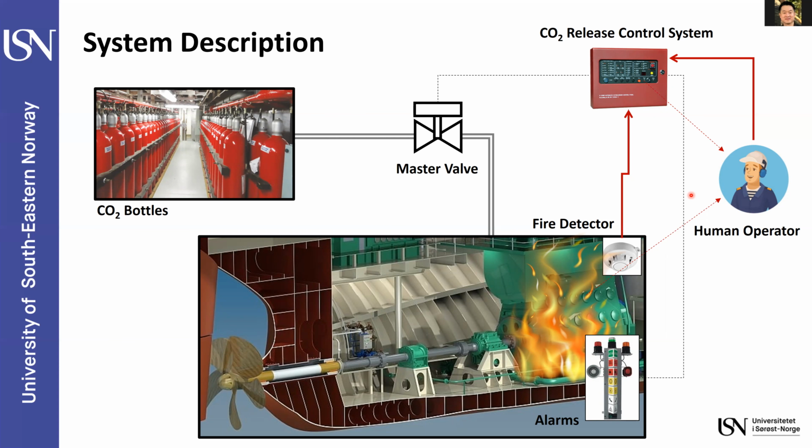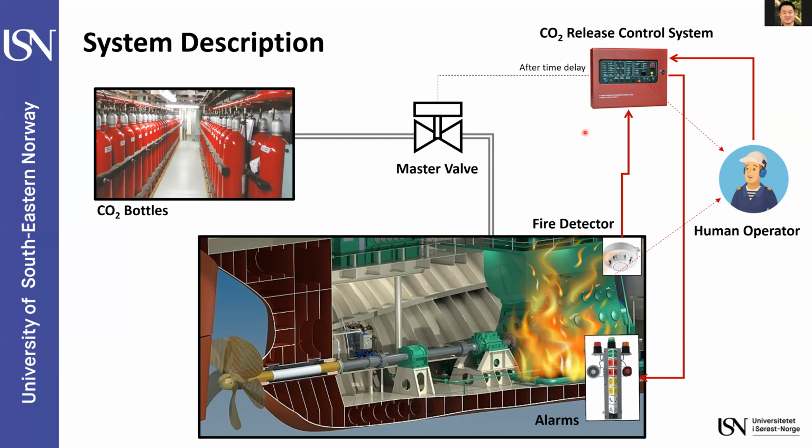So when the human operator initiates the release of CO2, the CO2 release control system first activates a CO2 release alarm inside the engine room. This alarm provides both a visual and audio alarm, so the engineers or crew members inside the engine room can evacuate.